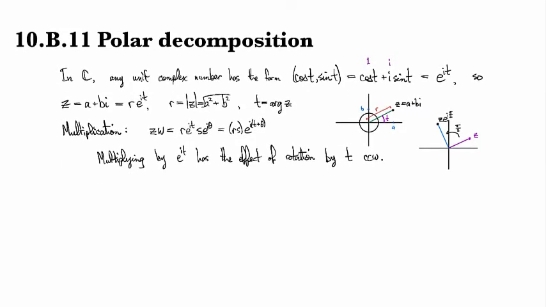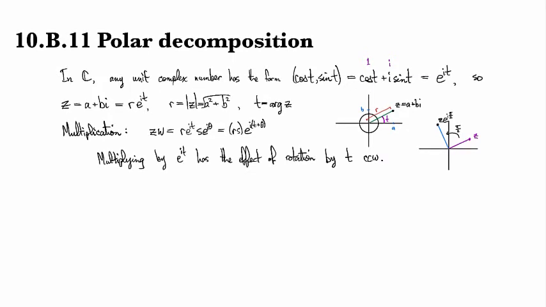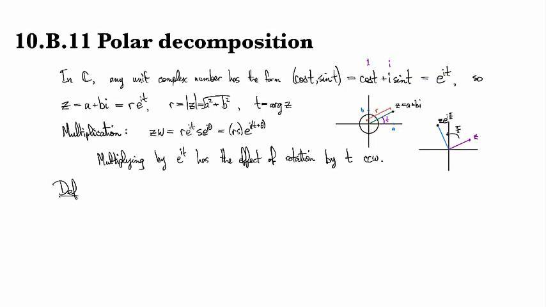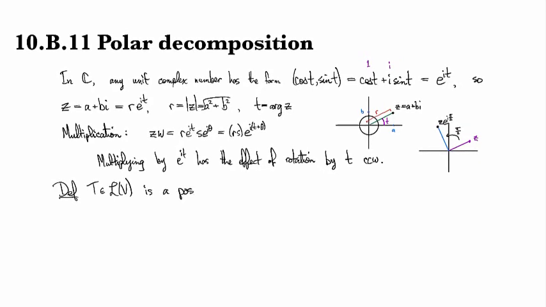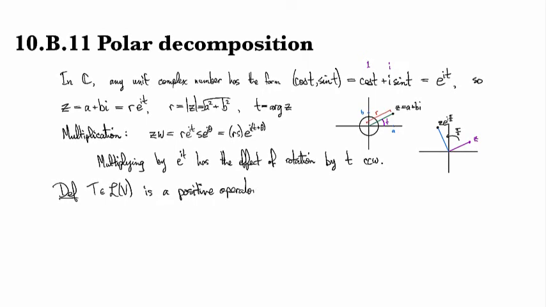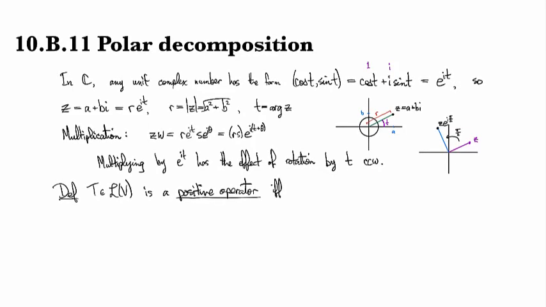So now in operator land, we have the following terminology. We say that an operator on V is a positive operator if and only if it's self-adjoint.